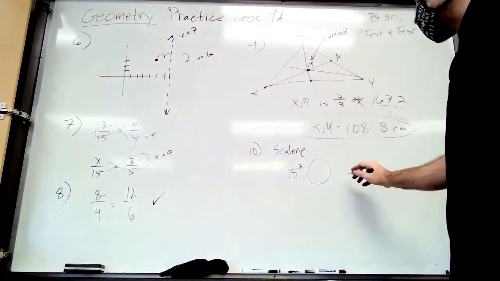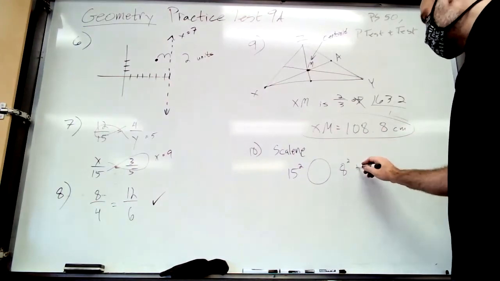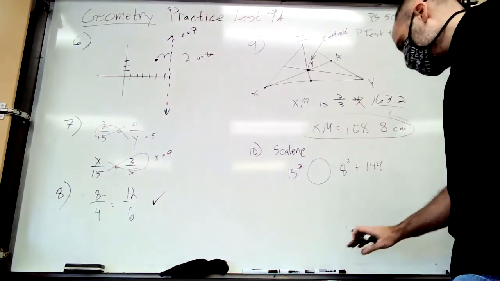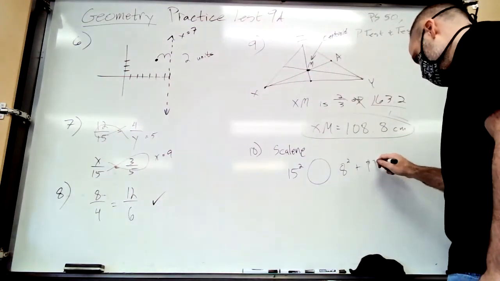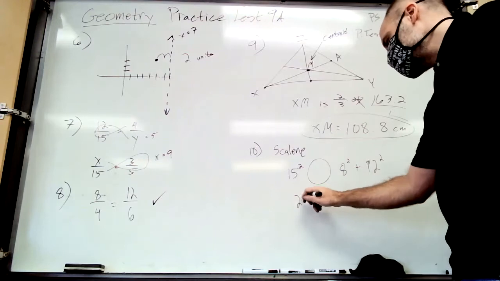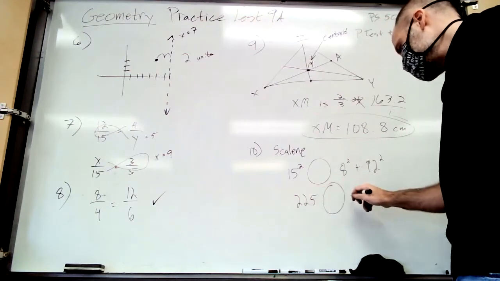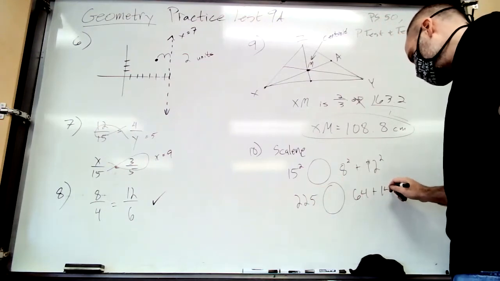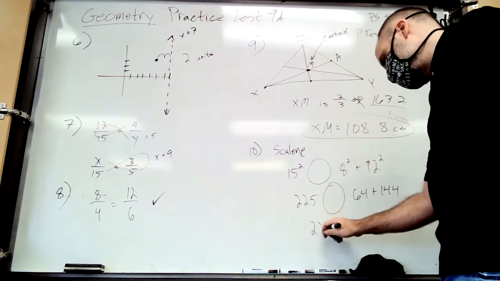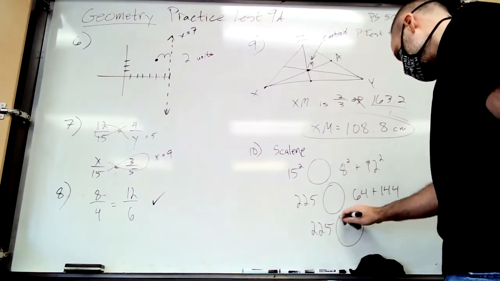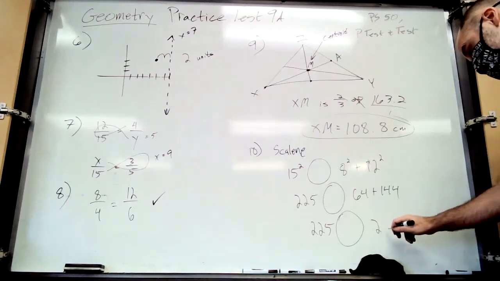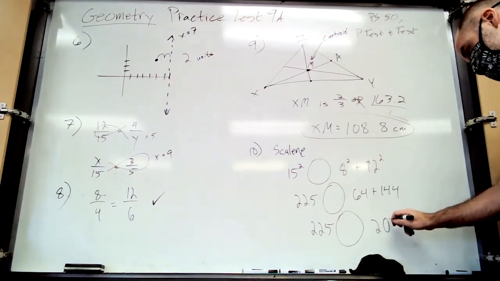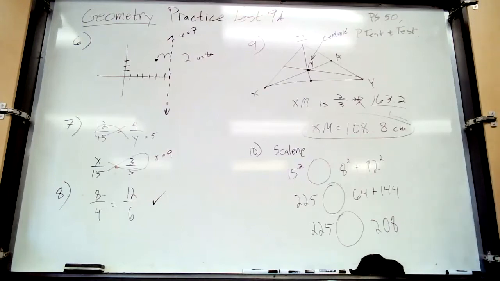How does 15 squared compare to 8 squared plus 12 squared? 12 squared is 144. So 225 compared to 64 plus 144. What's 64 plus 144? It's 208. Okay, so 225 is bigger.